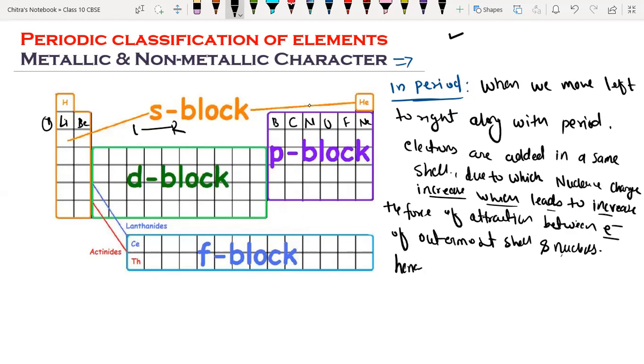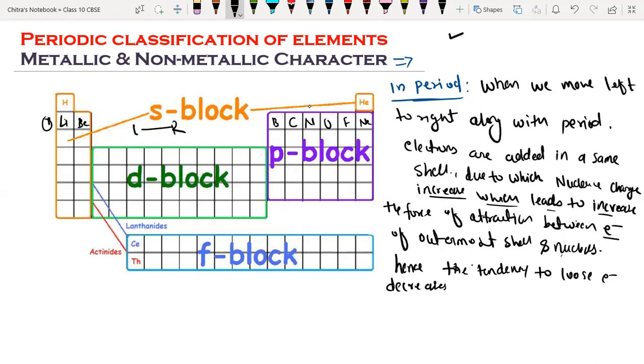Hence the tendency to lose electrons decreases. That means we will require more energy to remove an electron from the outermost shell of an atom all the time.